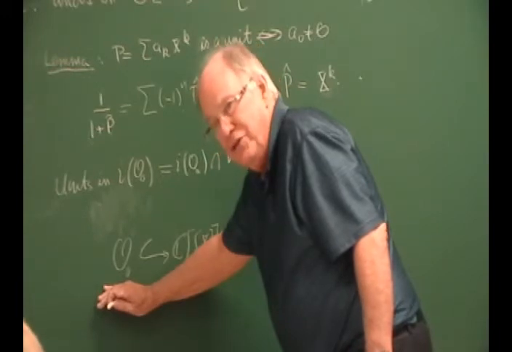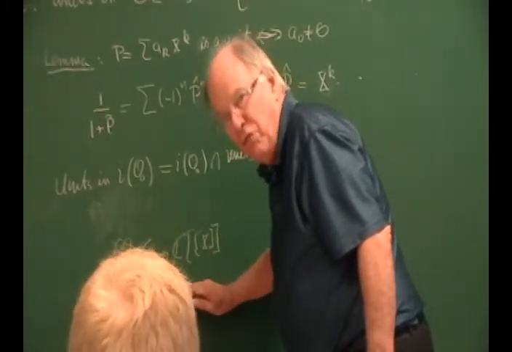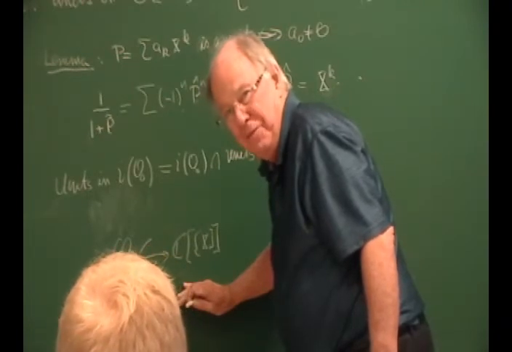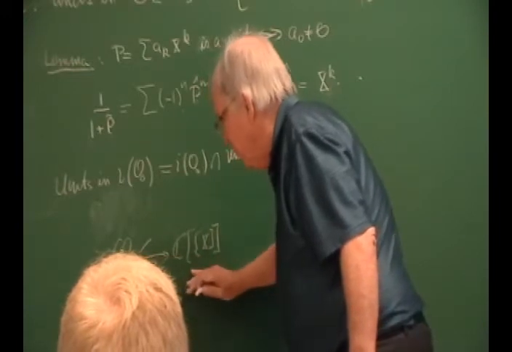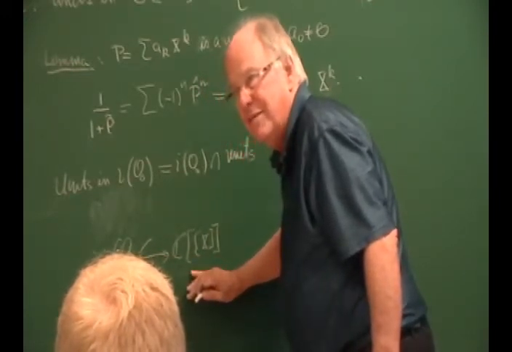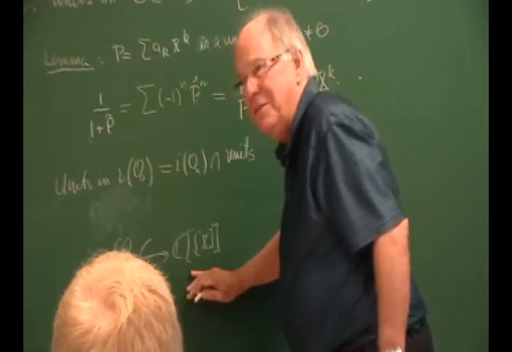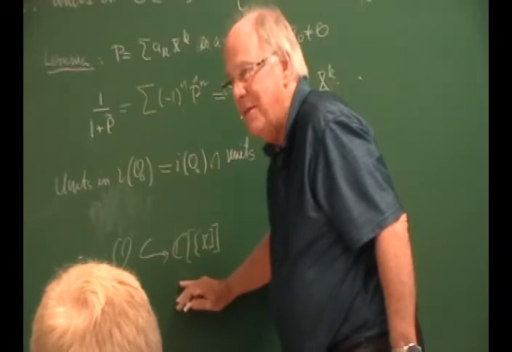The product of two functions here is equivalent to the formal product of the two functions here. If the thing is a unit here, computing its inverse is the same as computing it in the formal power series ring. It doesn't matter. So the question is, what can you do here and here the same?